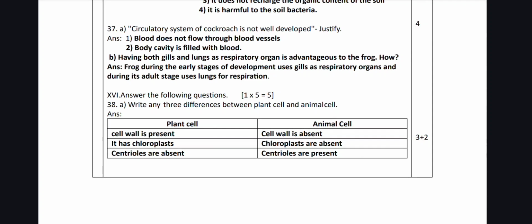Okay, so moving on to the next, having both gills and lungs as respiratory organs is advantageous to the frog. How? So frog can breathe through gills also and lungs also. See, frog during the early stages of development uses the gills as respiratory organs.